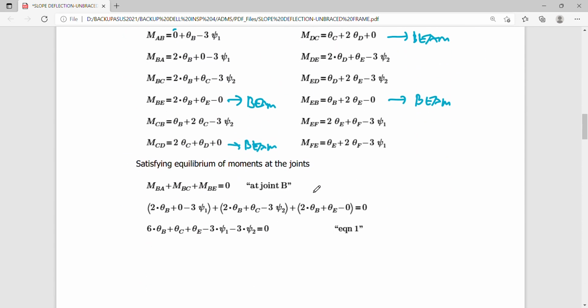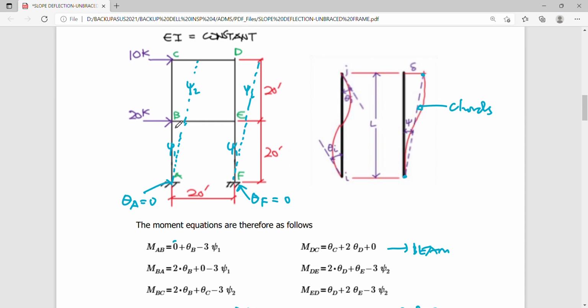So to satisfy the equilibrium of moments at the joints, we simply take the summation of moments at joint B equals 0. You just take all the moments at this joint, BA, BE, and BC equals 0, as well as joint C, where we have MCB and MCD equals 0. At joint D, we have MDC and MDE equals 0. At joint E, we have MEF, MEB, and MED equals 0, etc.